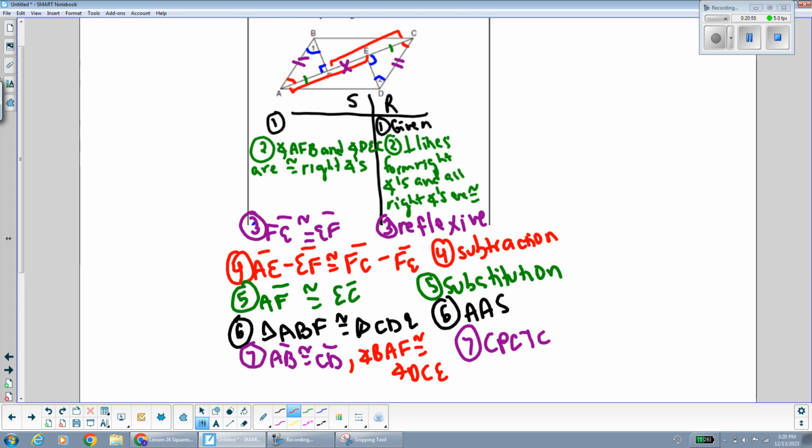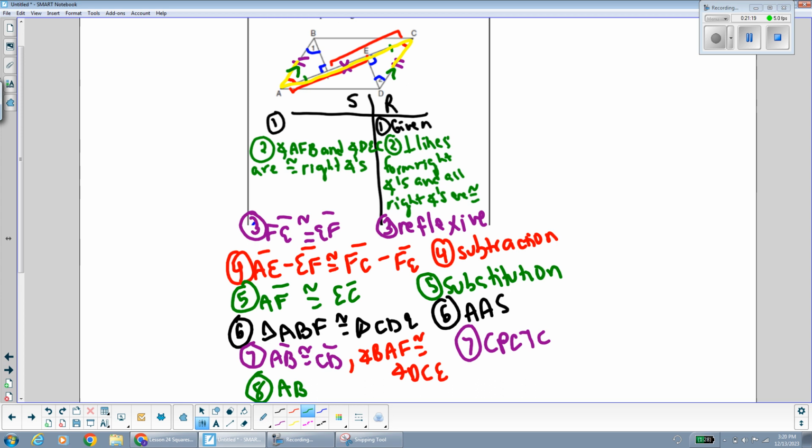And the reason that I CPCTC'd those angles is because those angles are alternate interior angles. So now that we know that those alternate interior angles are congruent, we can say that the sides forming those alternate interior angles, which are AB and DC, are parallel to each other. So I'm going to put that over here.